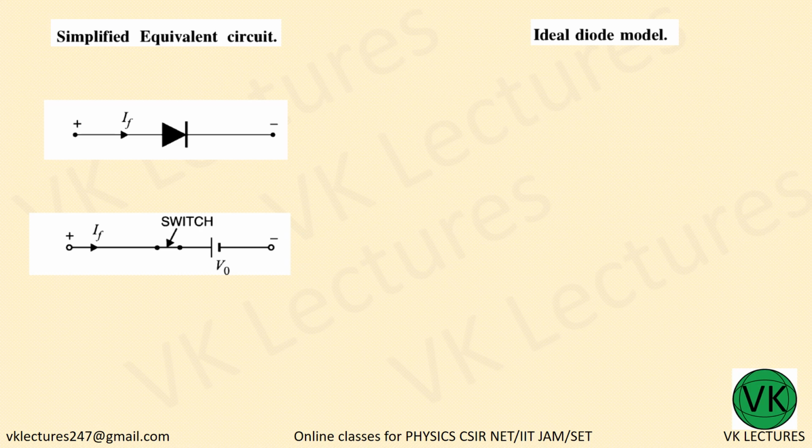In the simplified equivalent circuit, your value of V0 is as usual V0 or VB, but your forward resistance RF is 0. We are neglecting this RF. There is no forward resistance. We are neglecting it for a simplified model. And for an ideal model, both V0 as well as RF are equal to 0.